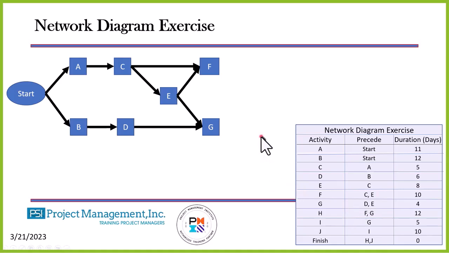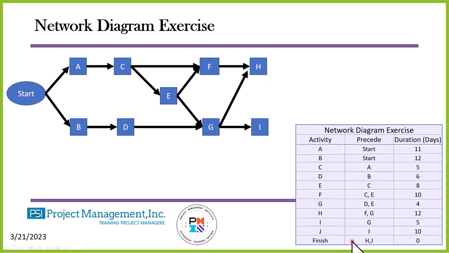Then we ask the question, what does F precede? F precedes H, and G also precedes H. G precedes I also. I put I in, my line to I. Then I ask the question, what does H precede?